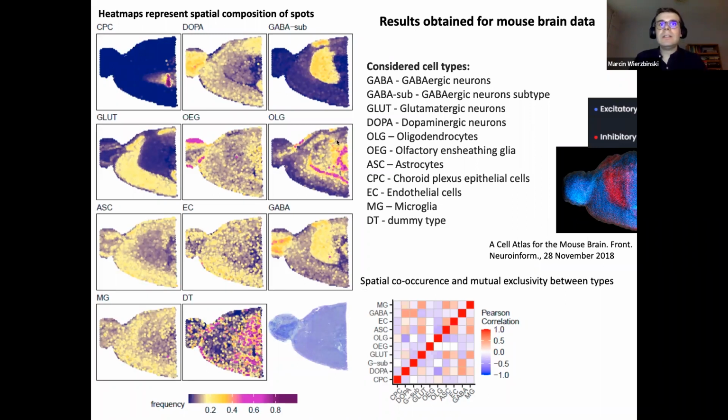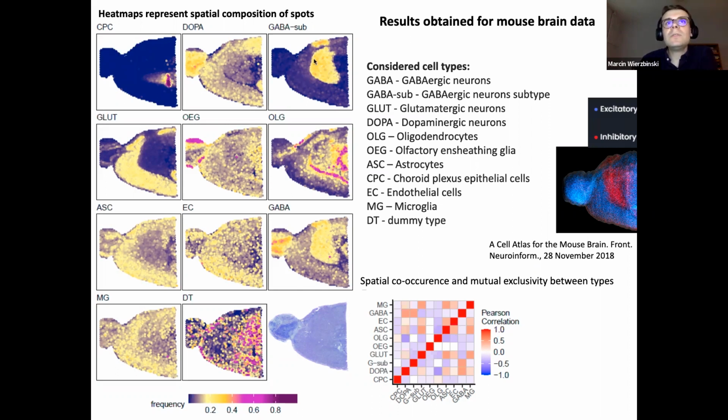We can observe that if we have a few cell types with specific information, for instance, the type of the neuron or some other information about the cell, and so on. And the model has a heat map to represent the spatial composition of a spot.